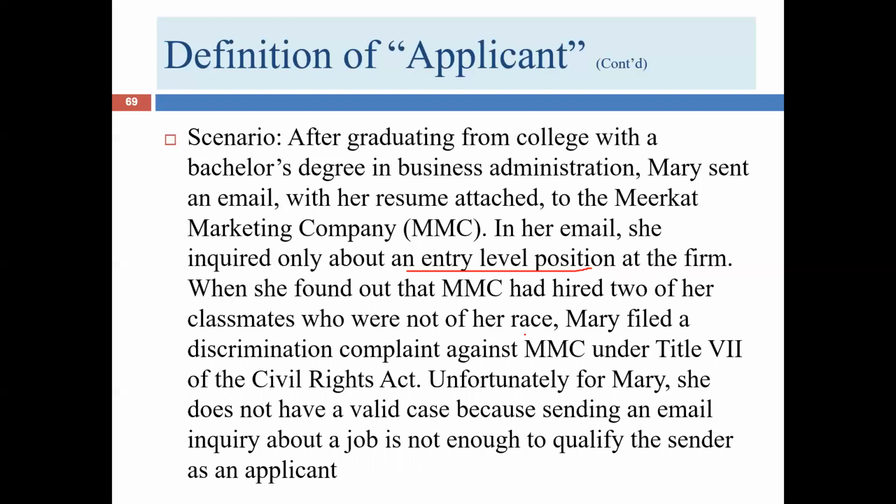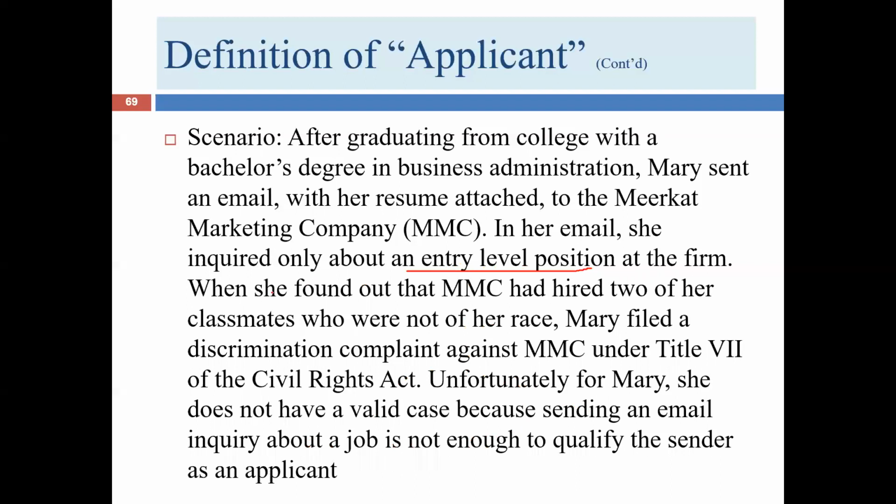And unfortunately, her email inquiry wasn't enough to qualify her as an applicant for their jobs, unless, of course, this entry-level position that she's talking about is the one that the two classmates were hired into. But maybe they were hired into a different entry-level position.